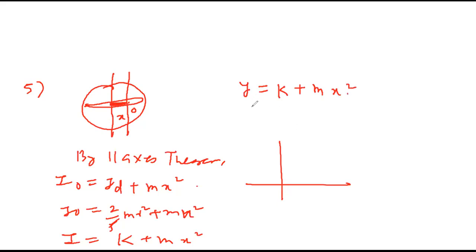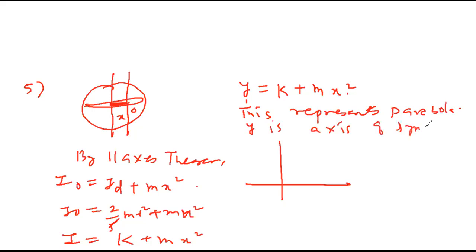Power of x 2, power of y 1. So this represents a parabola, and y has power 1, so y is the axis of symmetry. Axis of symmetry means it will divide the parabola into two parts. When I put x 0, I get y equal to a constant, which is plus. So when x is 0, y is a constant, and this is the shape of the parabola.